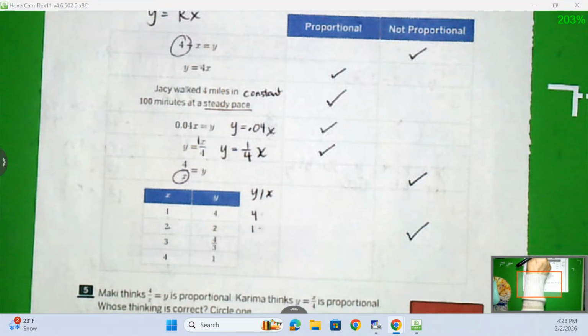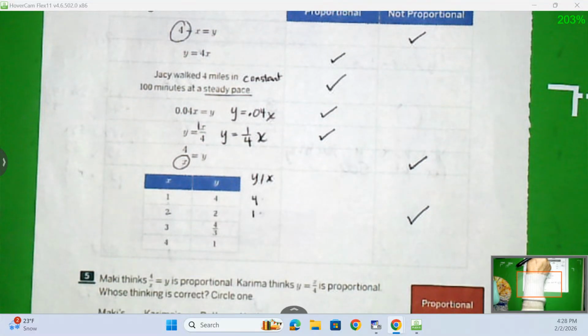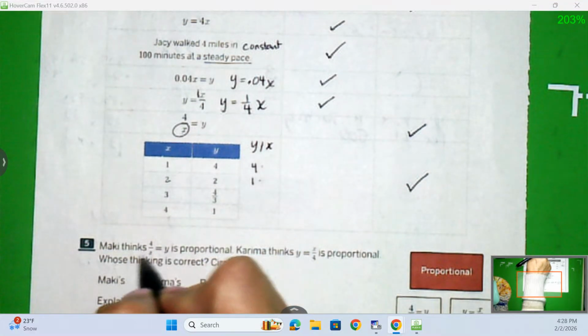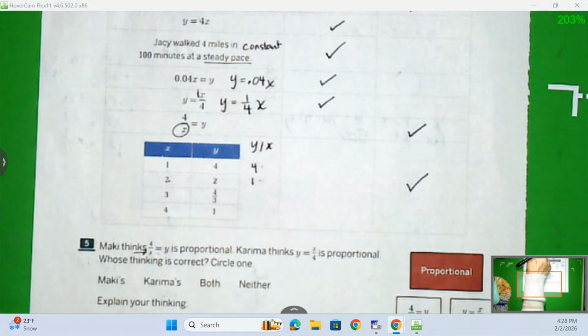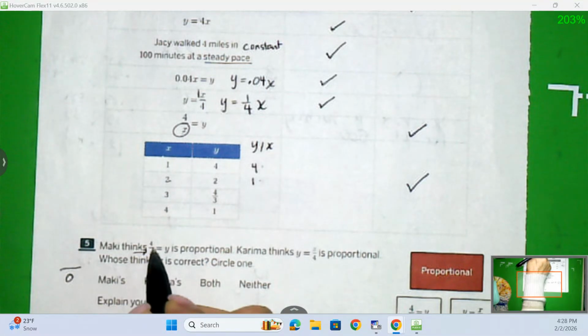Okay, lastly, Mackie thinks 4 over x equals y is proportional. Karima thinks y equals x over 4 is proportional. Whose thinking is correct? Well, I think what it is, we cannot have an x in the denominator because you can't have a 0 because you're dividing here.